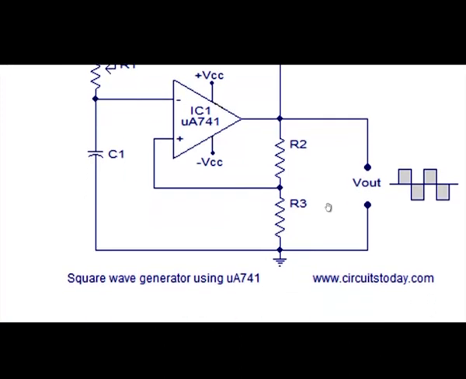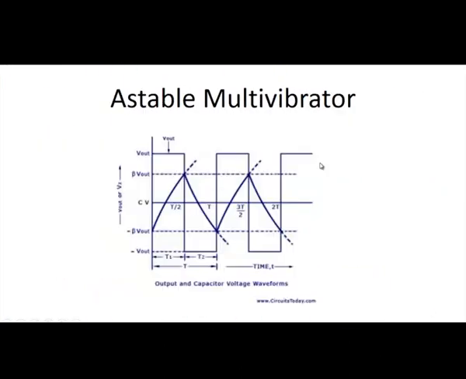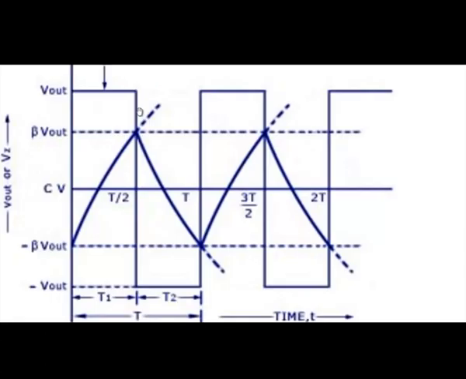Now we have to derive the time period of the output voltage. Before that, we will see the output waveform and the capacitor waveform of the astable multivibrator. This square waveform is the output, and the triangle-like waveform is the capacitor's voltage.